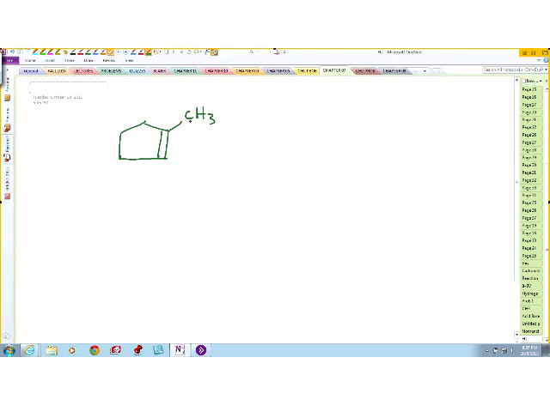Okay, what will be the name of this? 1-methyl, exactly. 1-methylcyclopentene.